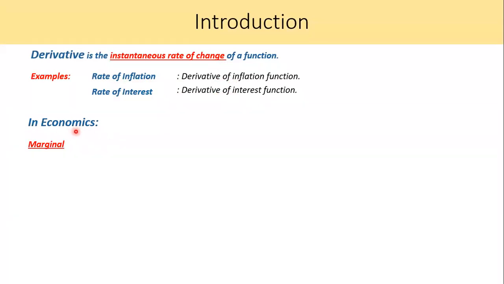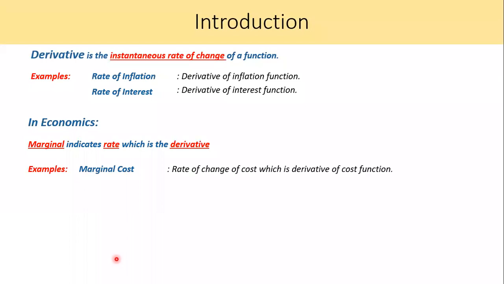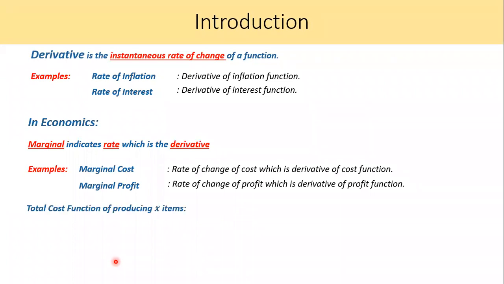In economics, the marginal indicates a rate, which is the derivative. So if we want marginal cost, it means rate of change of cost, which is the derivative of the cost function. Marginal profit, rate of change of profit, which is the derivative of the profit function.